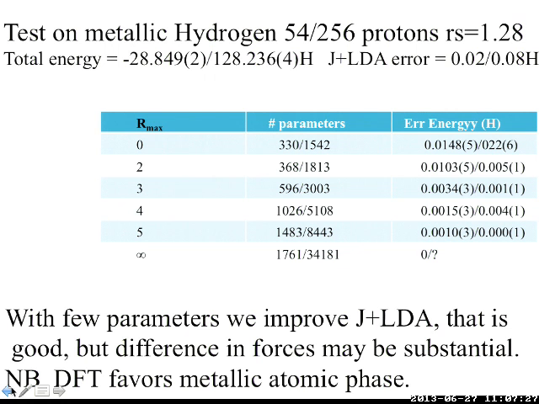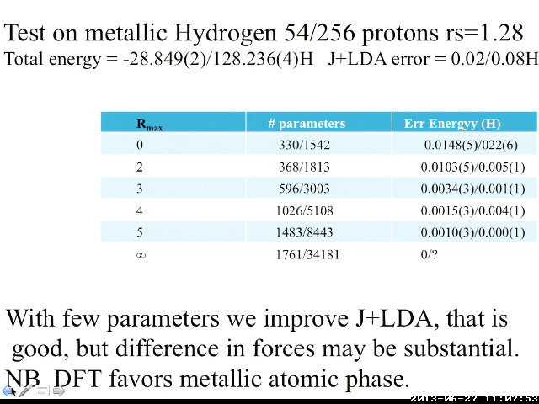Instead, if you see how the energy converges, if you start with DFT orbitals, you don't make a big error. It's something like 0.01 eV per atom. This is the error in the total energy. But you can see that you clearly converge very fast, even in the metallic phase, as a function of Rmax.